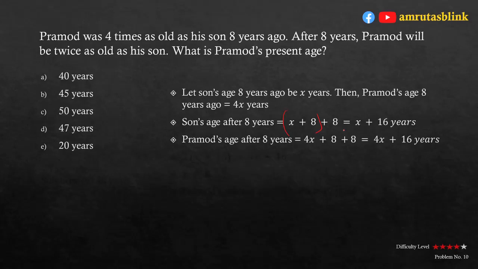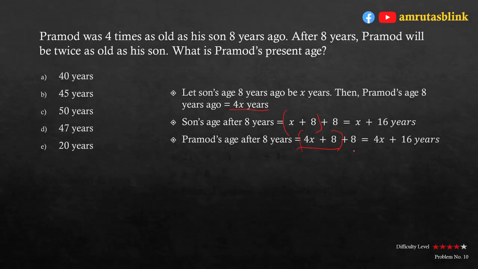Similarly, Pramod's age 8 years back was 4x, so the current age of Pramod is 4x plus 8, and we need to calculate his age after 8 years. Hence 4x plus 8 plus 8, so 4x plus 16. So ultimately we have the son's age after 8 years, x plus 16, and Pramod's age after 8 years will be 4x plus 16.